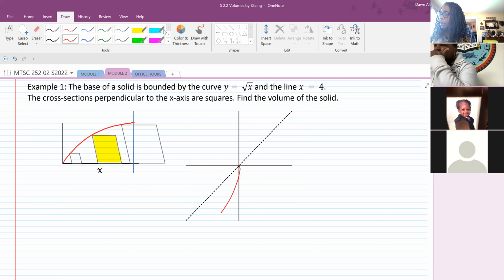And here is the line x equals 4. Okay, so here's the base again. And so now this one has squares that are sticking up in the air. Good, that one's good. Then I maybe have a bigger square.